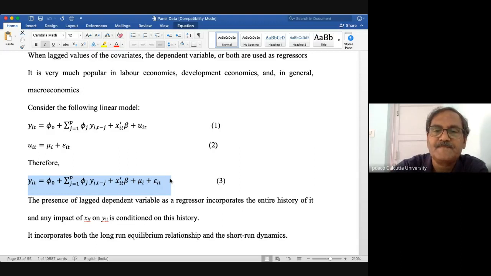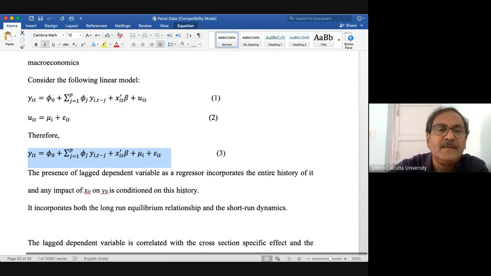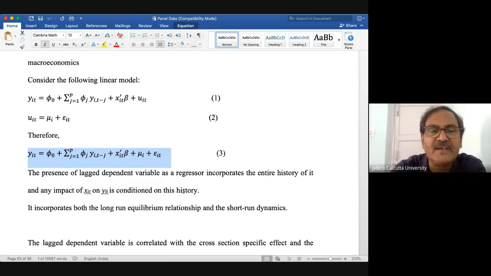Now, first of all, try to understand the utility of introducing the lag dependent variable.